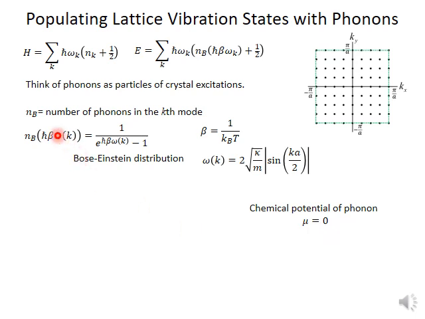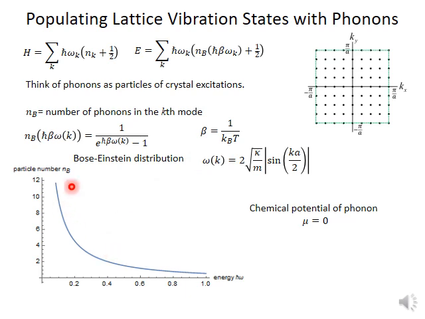Here omega is the energy, which is a function of k, the dispersion, and for a one-dimensional lattice it is given by this expression. This function tells you how many phonons you would put in a particular k state.